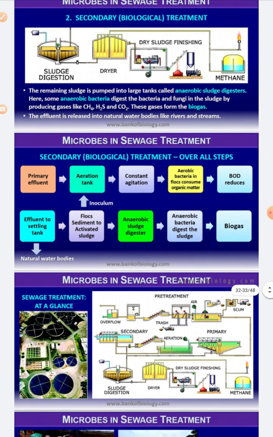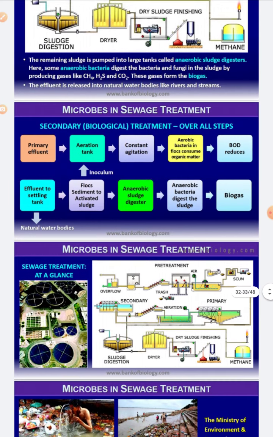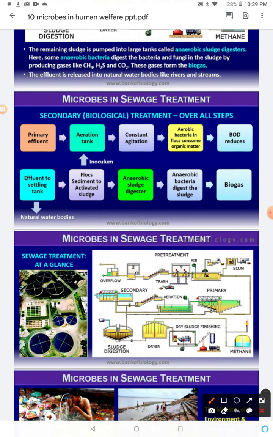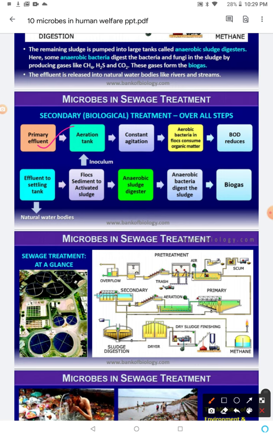The effluent is released into natural water bodies like rivers, so the clean water from the sewage is given out into the rivers. To recap the microbes in sewage treatment plants: first the primary effluent, then the aeration tank, where constant agitation is done. Aerobic bacteria in the flocs consume the organic matter.